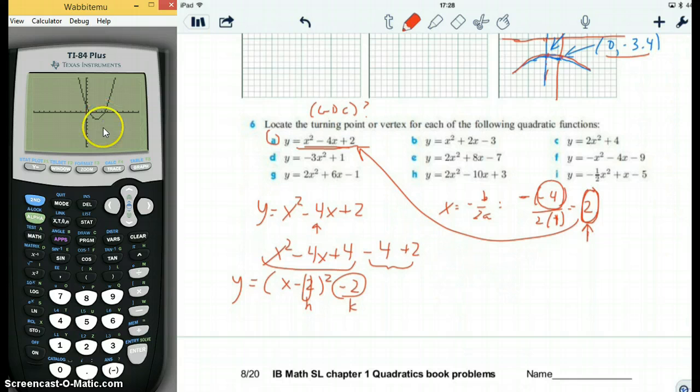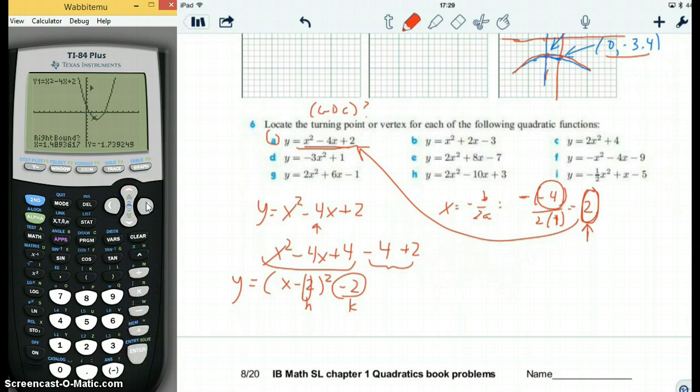So now we're going to find the vertex. We can find the vertex using the second calc function, and we go down to minimum because we want the minimum of the parabola, which is also for a parabola that points up, the minimum is the vertex.